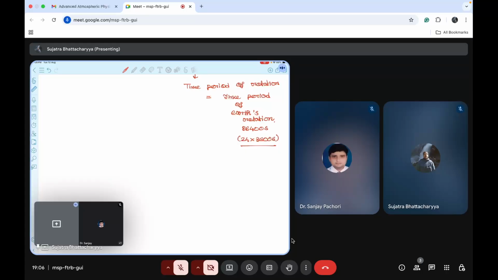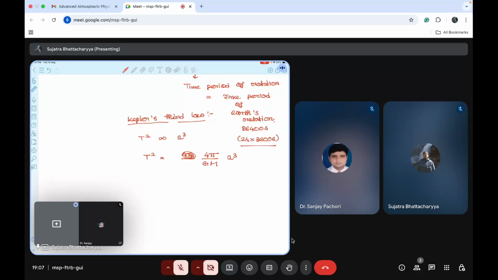It is through Kepler's third law of planetary motion. It says that the time period squared is proportional to the semi-major axis cubed, but in the case of Earth we will just take the R plus H. In general, T squared is, with the proportionality constant 4 pi squared upon the gravitational constant G times the mass of the Earth, into A cubed.